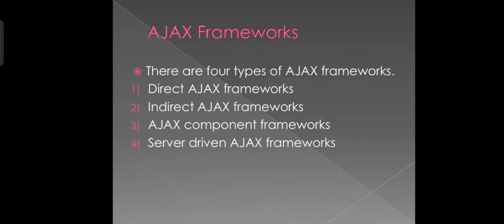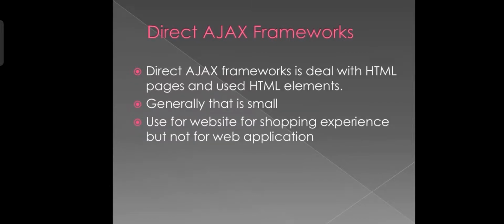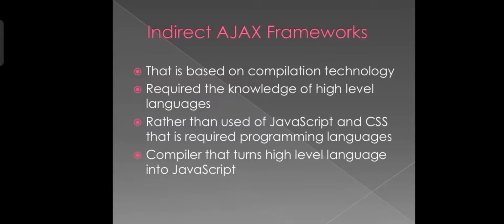Ajax frameworks. There are four types of Ajax frameworks: direct Ajax frameworks, indirect Ajax frameworks, Ajax component frameworks, and server driven Ajax frameworks. Direct Ajax frameworks and indirect Ajax frameworks are based on compilation technology and require knowledge of high level languages.